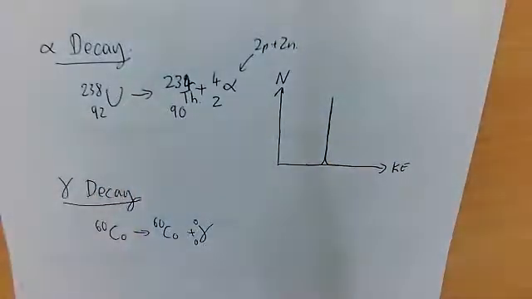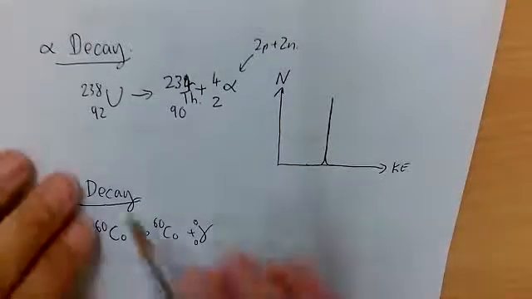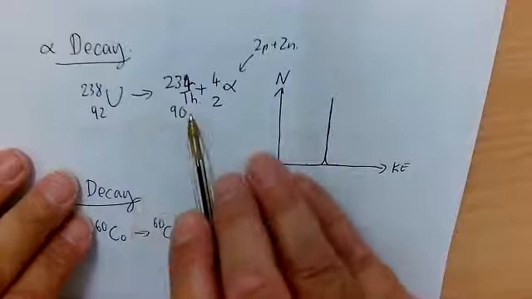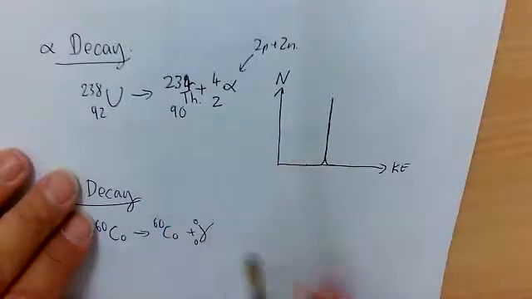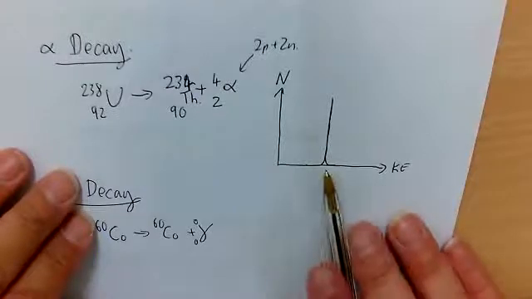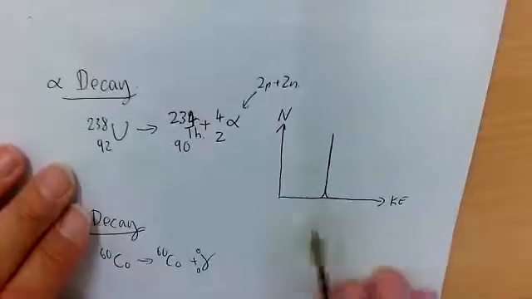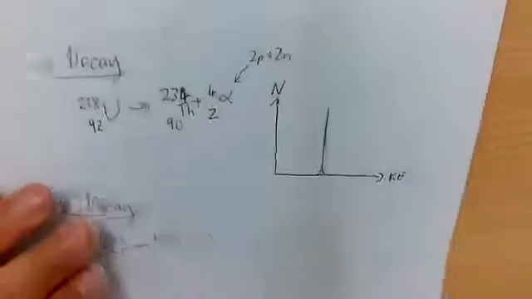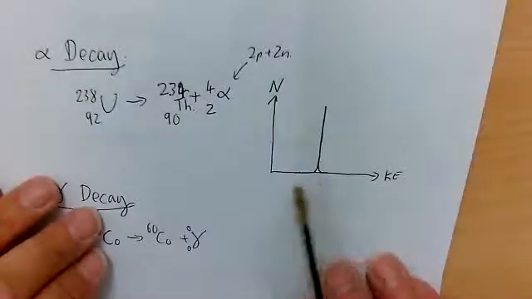There might be a few very, very minor differences, but actually we'd expect one energy. Because you've got the same thing happening again and again, the kinetic energy of the alpha particle is always going to be about the same. There might be a few differences, but not many. Or you would expect at least the same or some discrete values.